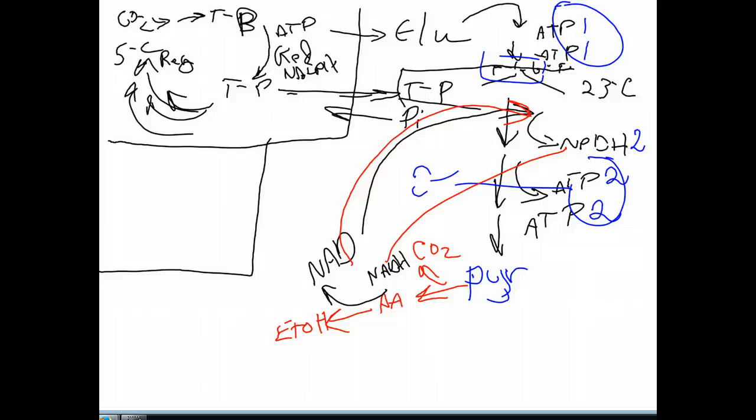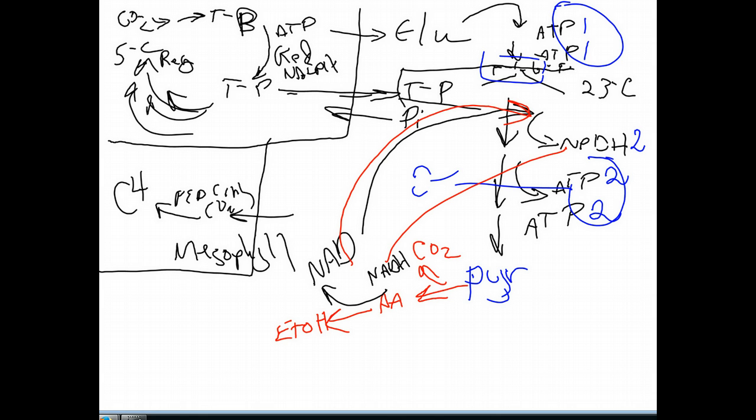We have the mesophyll cell, where the CO2 is fixed by PEP carboxylase into a C4 organic acid. Okay?